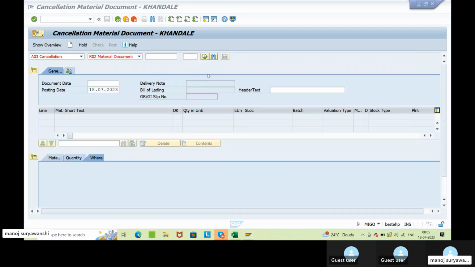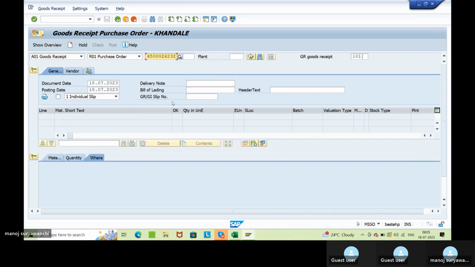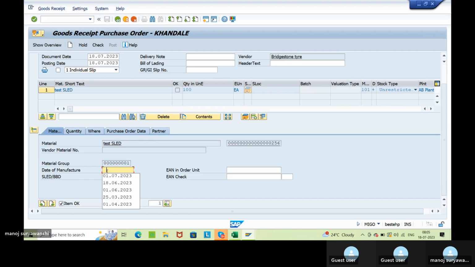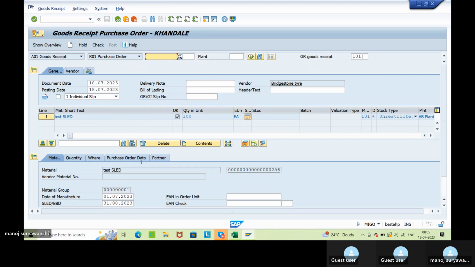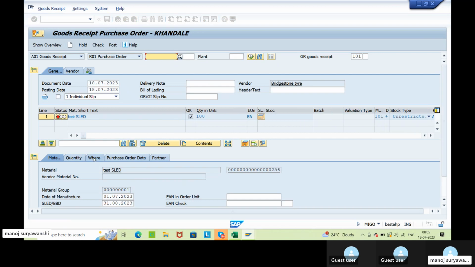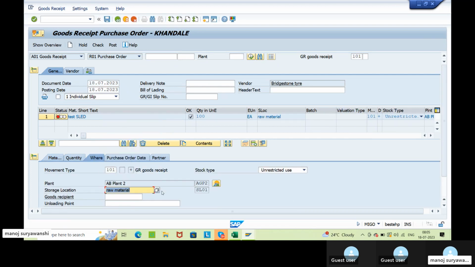purchase order, copy it. Check and so I am receiving these quantities, 100 quantities in unrestricted use.